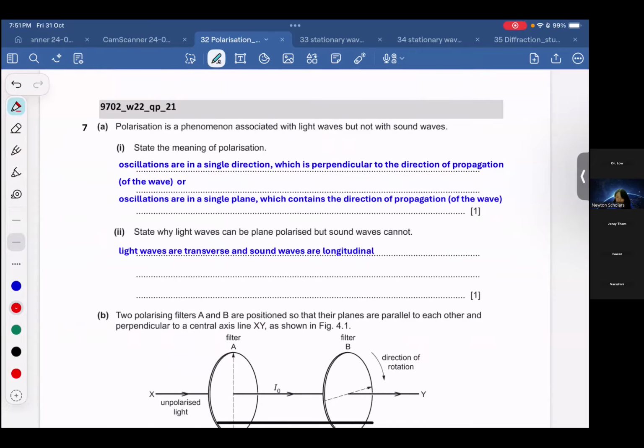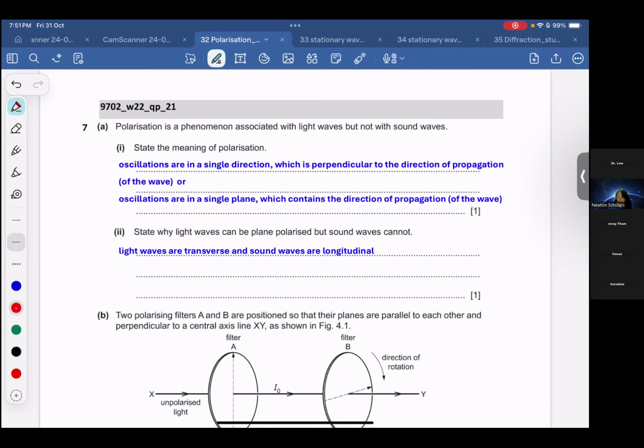Okay, I already gave you the answer because I want to tell you that they actually ask such questions. So you need to know the meaning of polarization, and why a light wave can be polarized but a sound wave cannot.